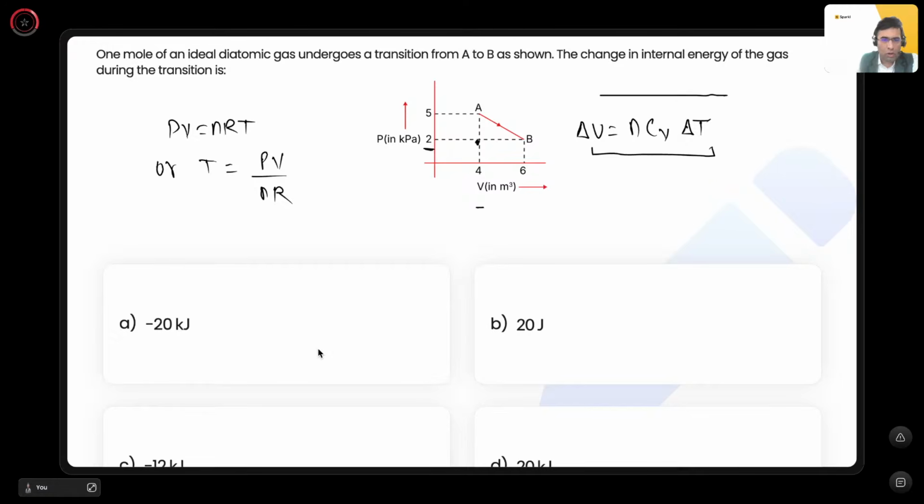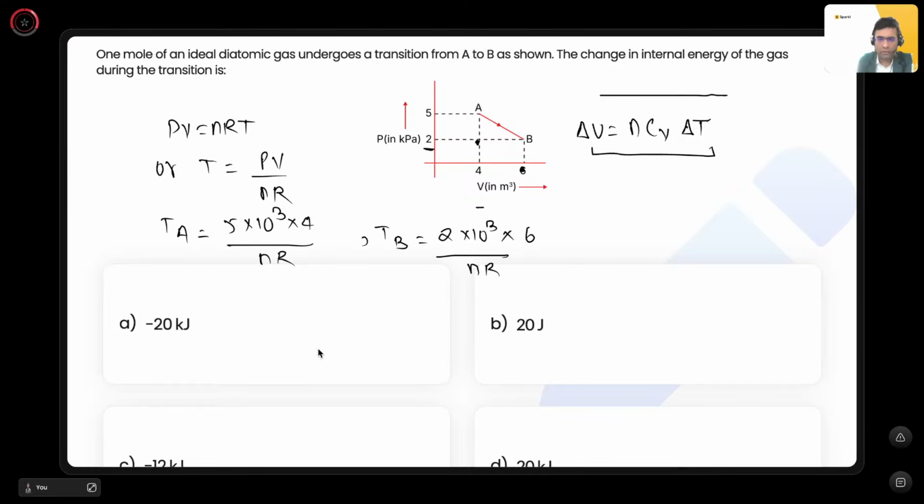So just use this equation. So the temperature of A will be 5 into 10 to the power 3 into 4, this is my P into V, upon nR. Similarly, the temperature at B will be, over here, the pressure is 2 into 10 to the power 3 into 6 upon nR.